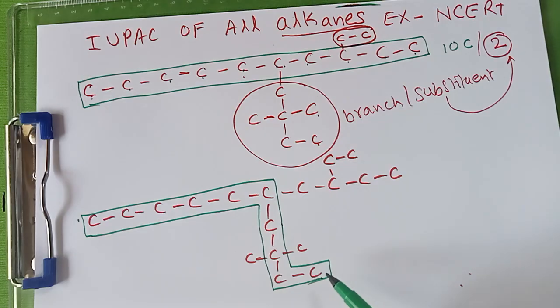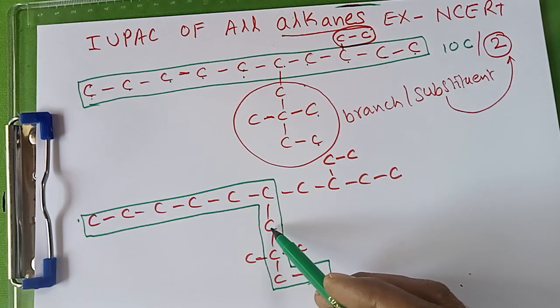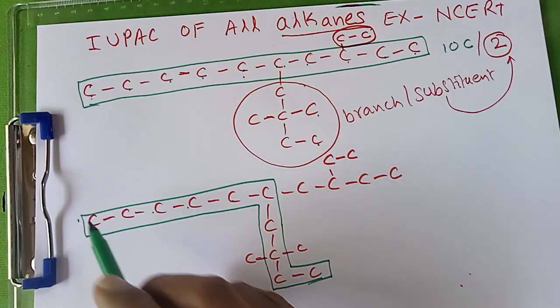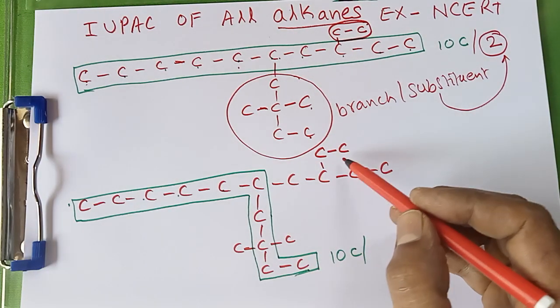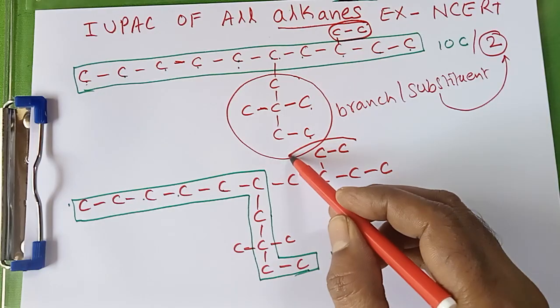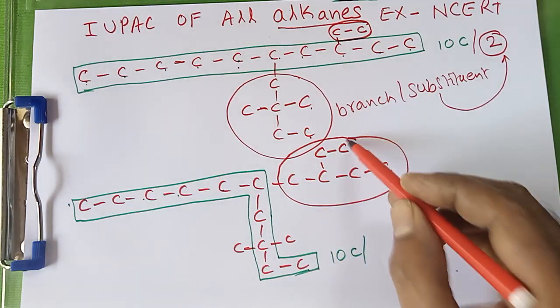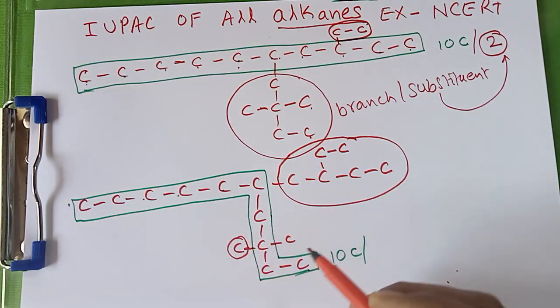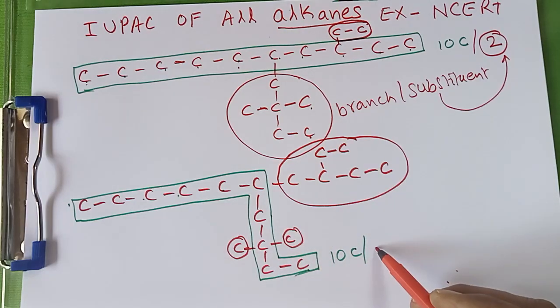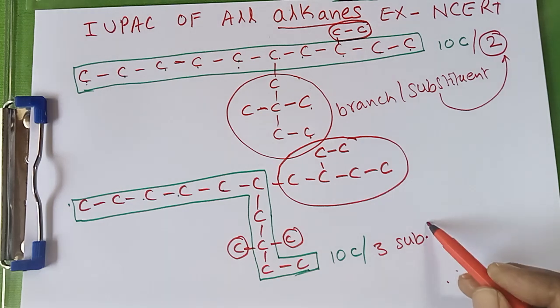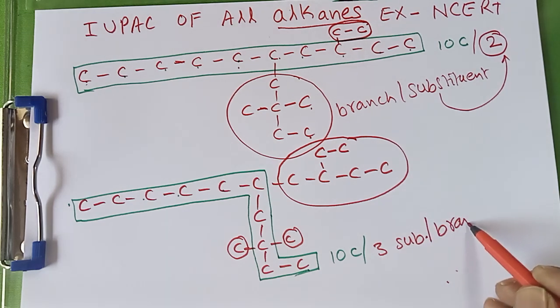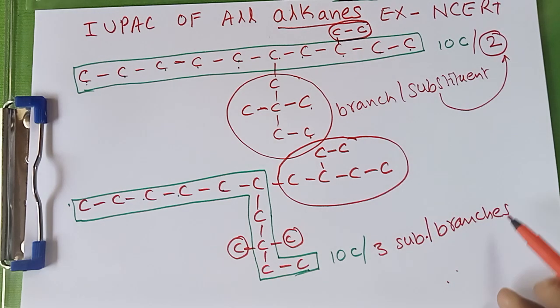How many carbons are present in this one? 1, 2, 3, 4, 5, 6, 7, 8, 9, 10. Same structure. In this one also 10 carbons. How many substituents? This is one substituent, this is one substituent, this is one substituent, means 3 substituents, also called branches.